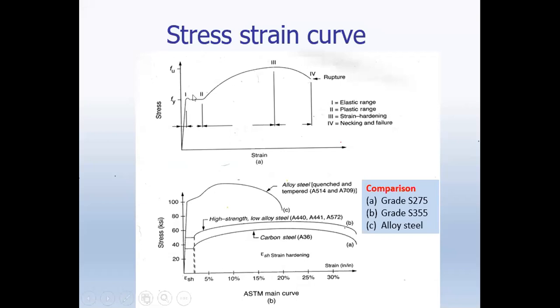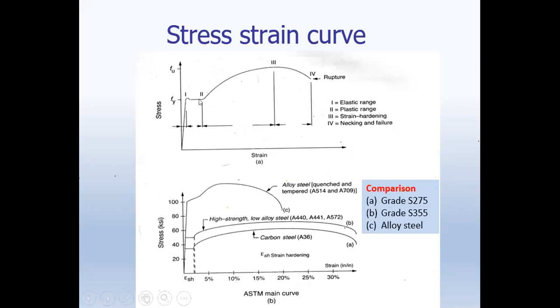At this point, although you can remove the load, deformation will still occur. The material is not able to return to its original shape. So the material remains in its deformed shape, regardless of the load being reduced. So this one, from 1 to 2, is what we call the plastic range.